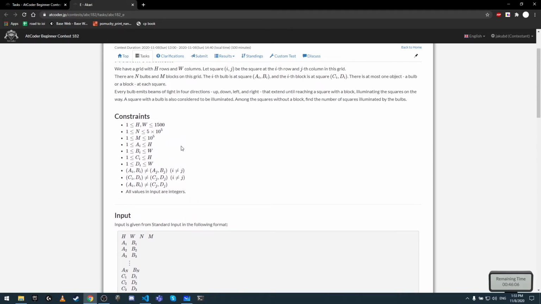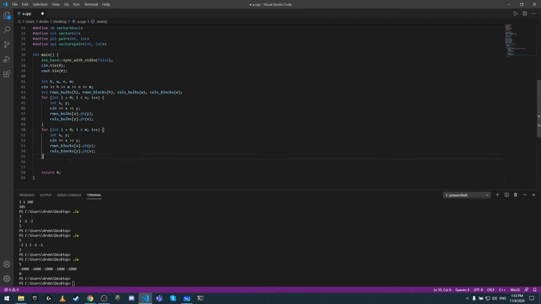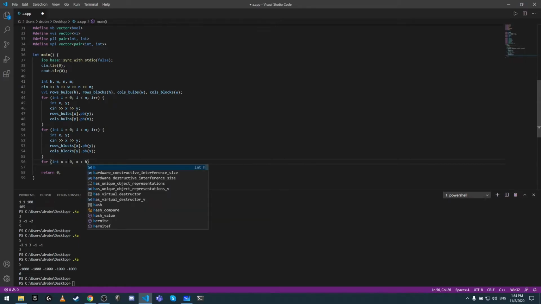We got the coordinates. Okay, we can definitely brute force that. So for each of the coordinates, height, that's y, right?